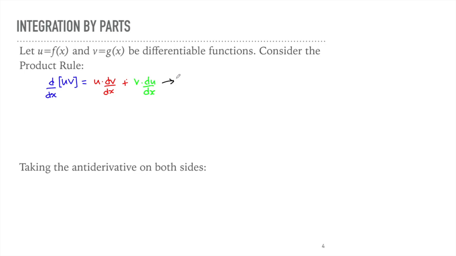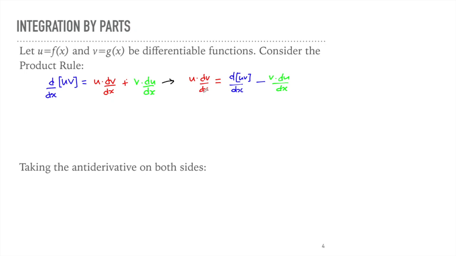Now, let's just manipulate our variables a little and we will see that we can write this as u times dv over dx equals the derivative of uv over dx minus v du over dx. Now, we take advantage of one of our cheats: we will no longer look at dv over dx as an operator but rather as a fraction.